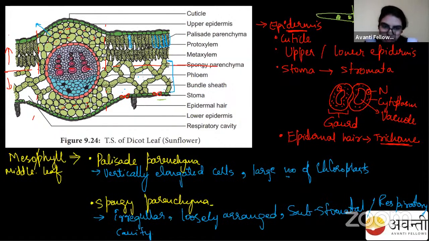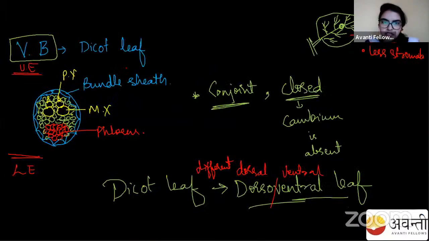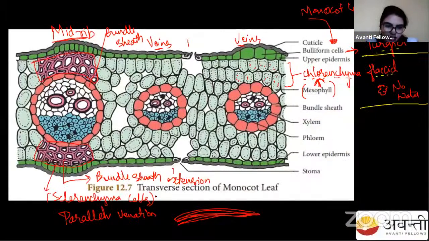I told you here they are parenchyma cells, and in some species they will be made up of even collenchyma also. So here this collenchyma will give the mechanical support in the dicot leaf, whereas here this parenchyma cells will give the mechanical support. ठीक है? Yes, this is what dead means, Chiran. I hope this is clear.